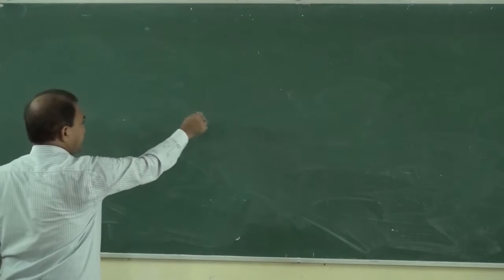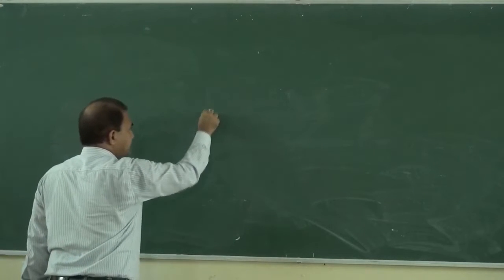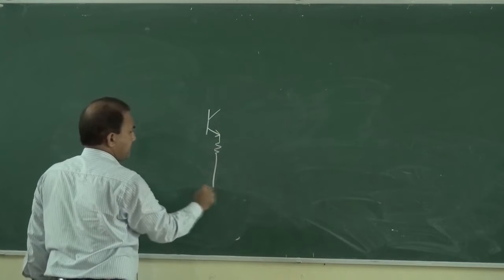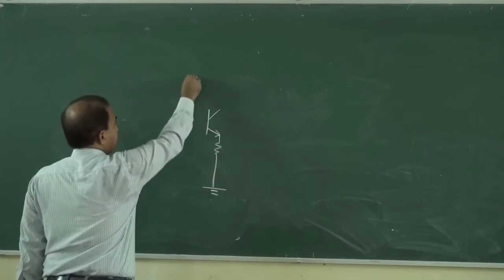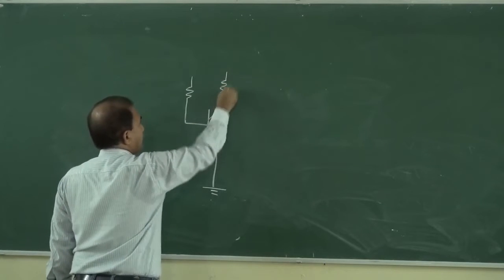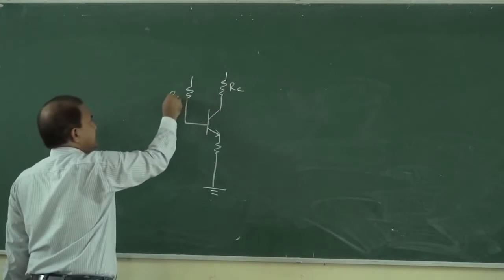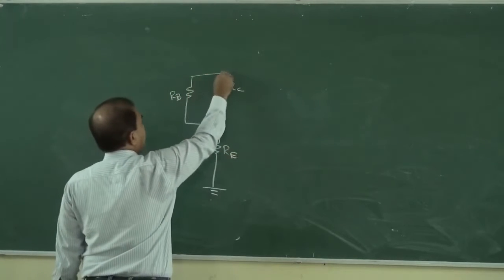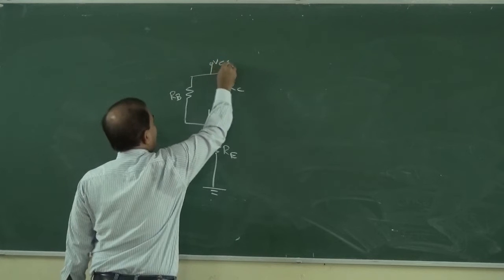Okay. Then we can see the same circuit. This is RC and this is RB and this is RE. Okay, and it is connected to VCC.